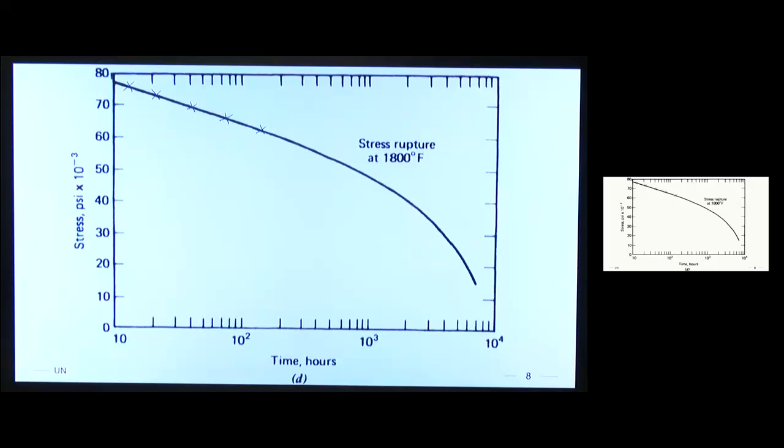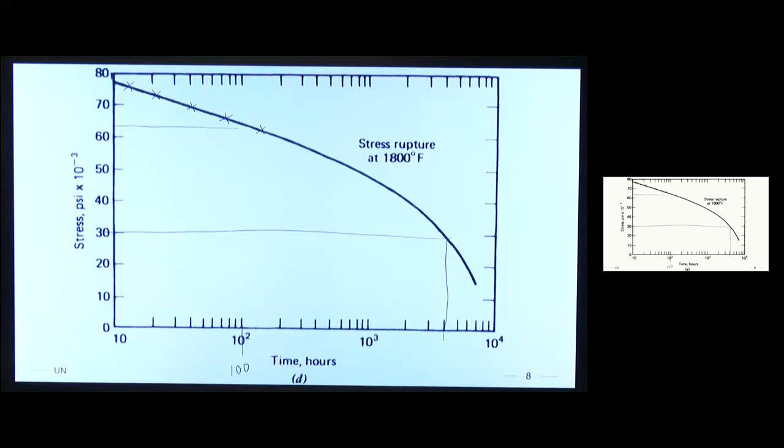So if this was at 100 hours here, then we could have a stress level that's fairly high, like 60-something KSI, right? But if we want it to last, let's say, thousands of hours, then we could only apply a stress that's much lower, like around 30 KSI. So if we stay below that, we would not expect a stress rupture.